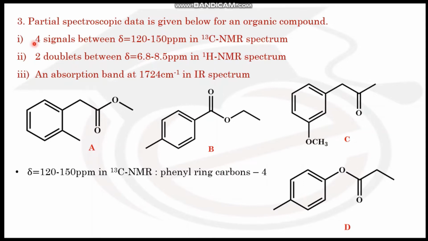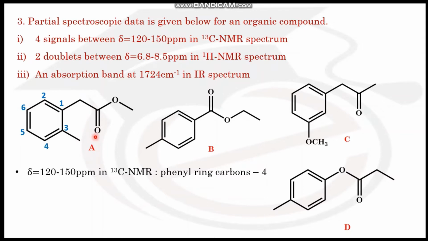The chemical shift values in C13 we already discussed, you can watch that. So 4 signals will be there, that means 4 types of carbon should be there in C13 NMR. Don't consider the whole molecule, only consider the aromatic or phenyl ring part. There you can find 4 carbons.